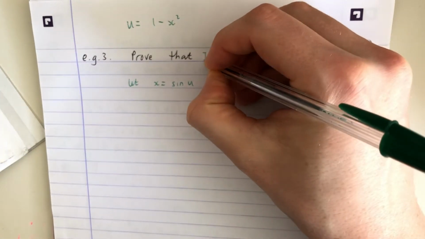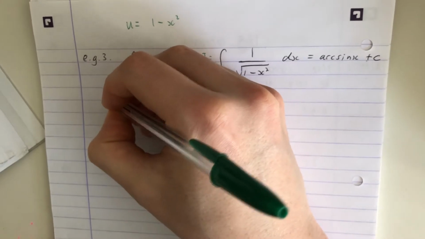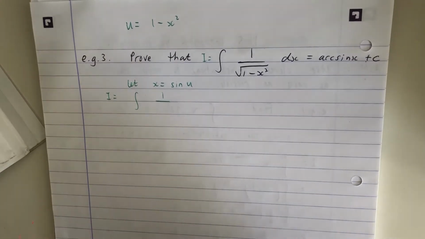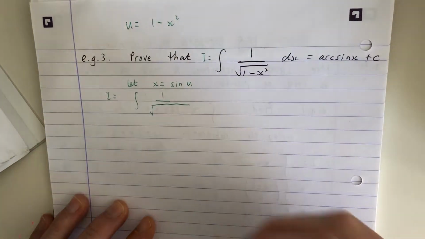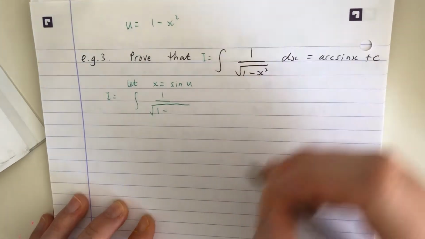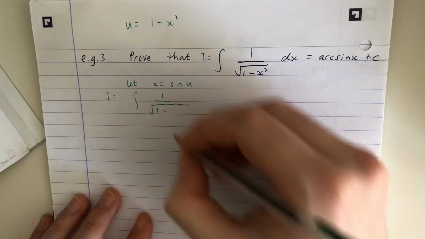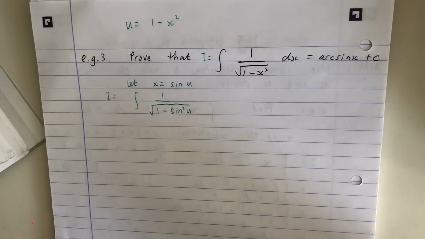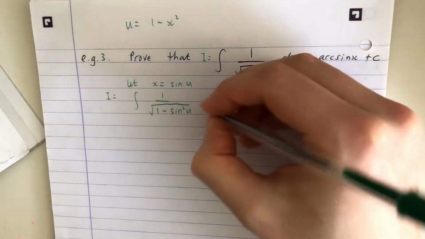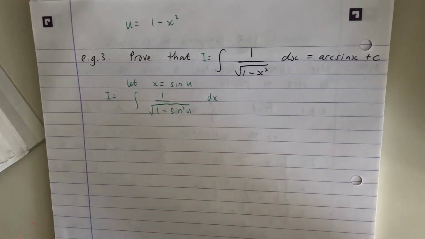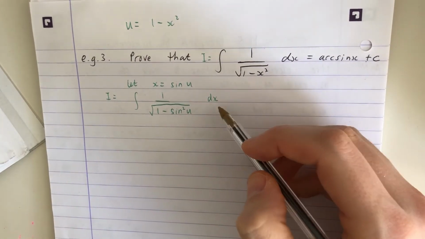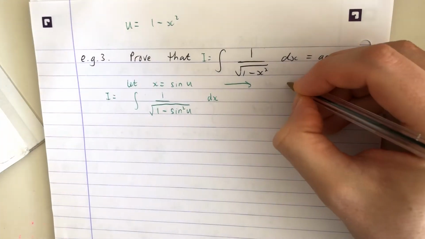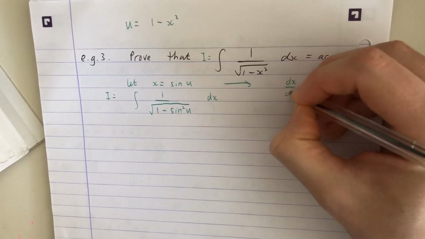So I'll call that integral I. So I is equal to the integral of 1 over the square root of 1 minus x squared, but I'm replacing the letter x with sine u, so sine squared u, dx. Obviously need to change this dx. So if I take the original substitution, I differentiate, do dx by du.